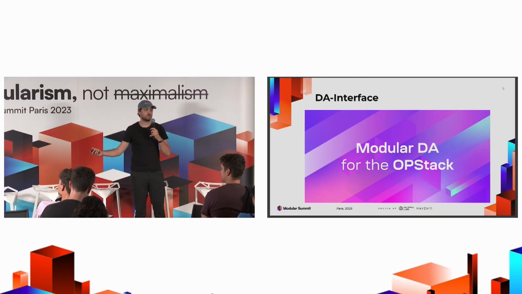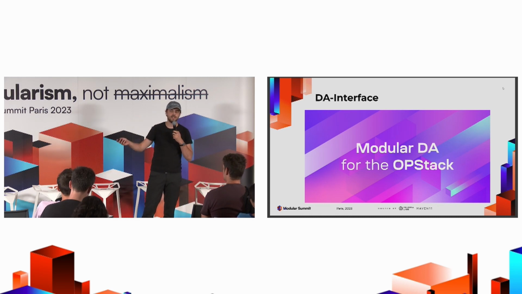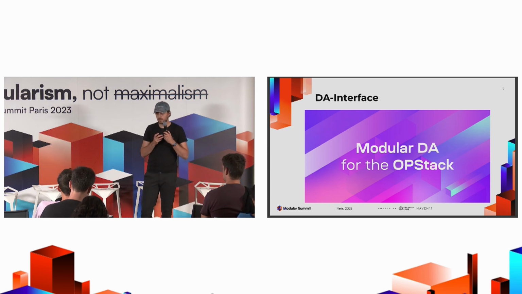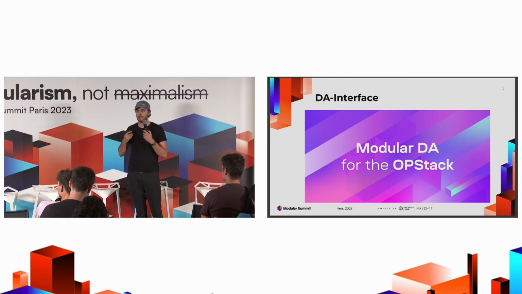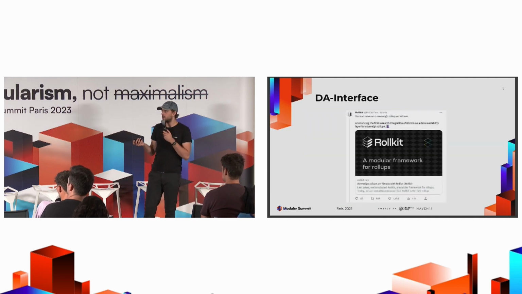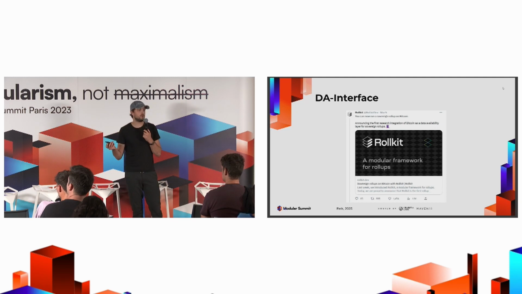We were the same developers who did the DA interface for the OP stack. Imagine what this now gives as an option for the OP stack to choose and pick the different data availability layer. And we saw the same thing happen with what we did in Rollkit.